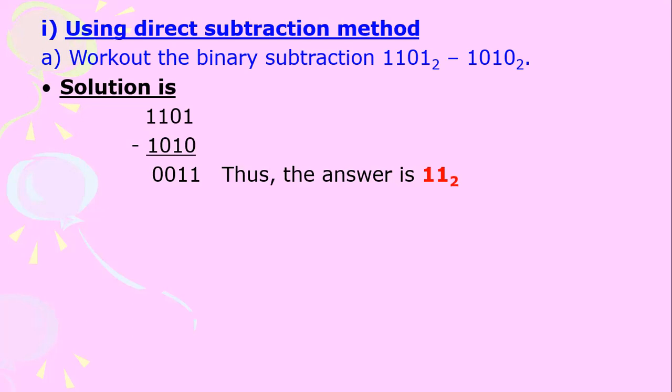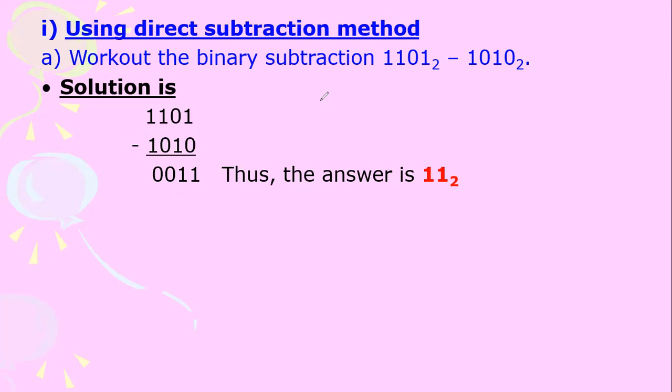We already borrowed the one which we can see here. And therefore, what we have here is 0. So 0 minus 0 gives us 0. Then 1 minus 1 gives us 0.